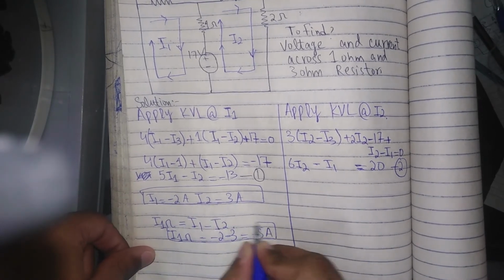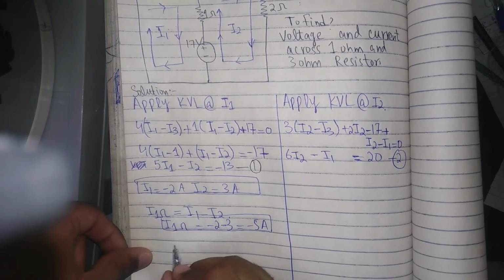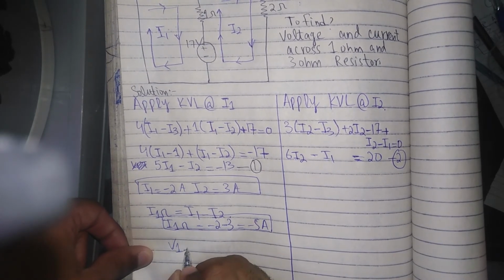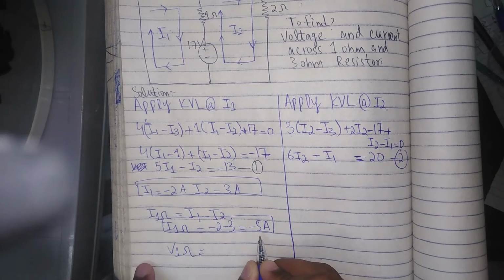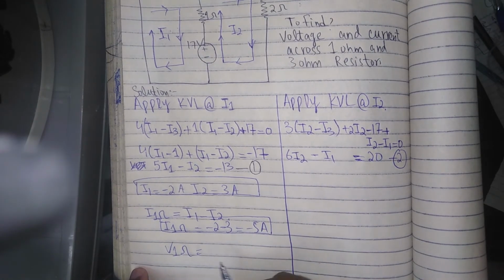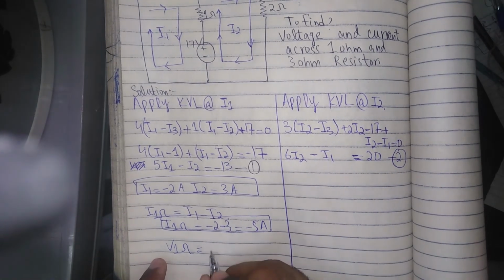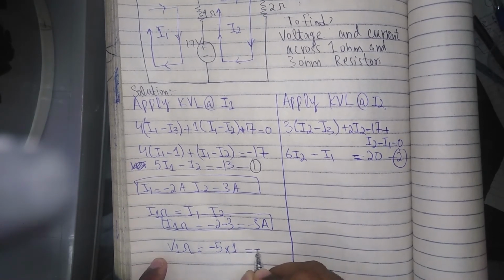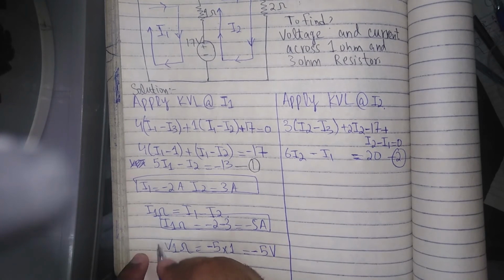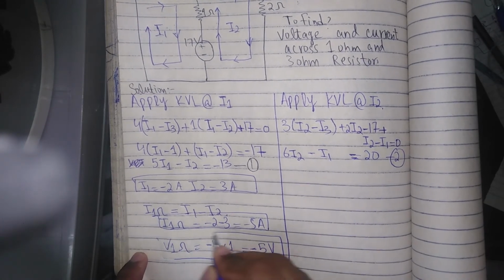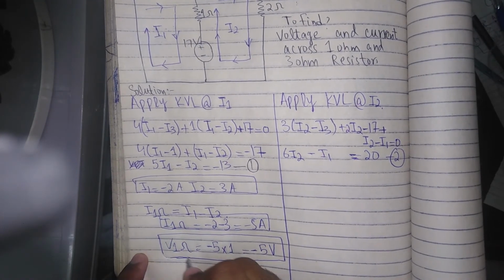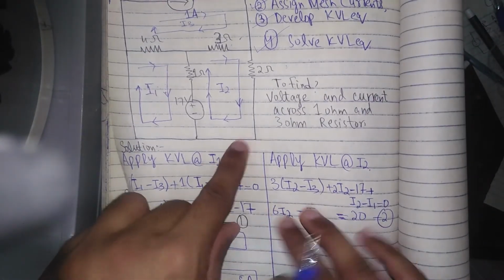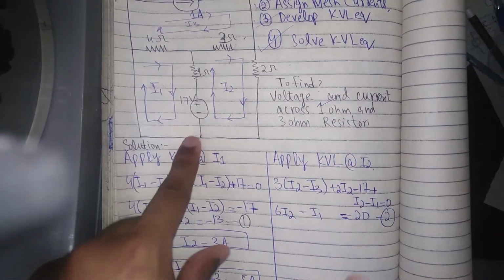Now students, we will find the voltage across the 1 ohm resistor. As we know that I across 1 ohm is minus 5 ampere and the resistor is 1 ohm, V is equal to I into R, minus 5 into 1, is equal to minus 5 volt. Now students, our voltage and current across the 1 ohm resistor is clear.